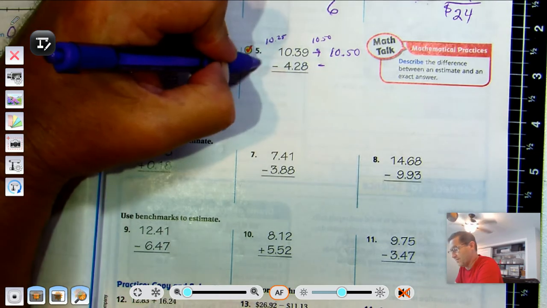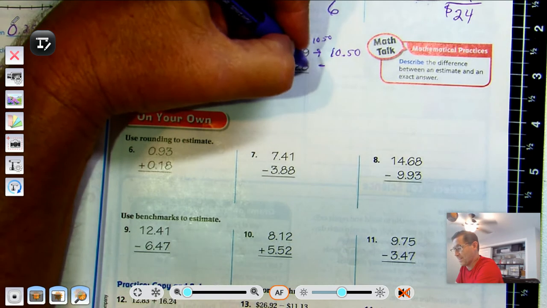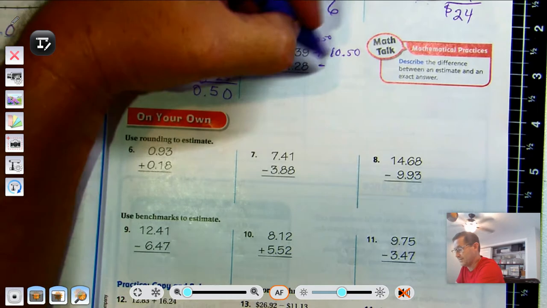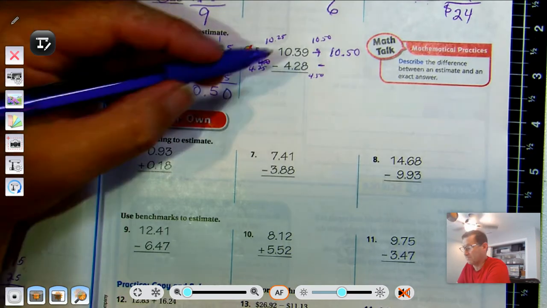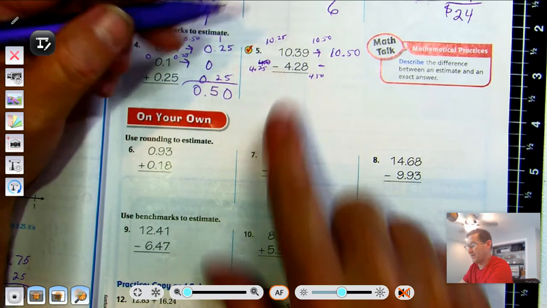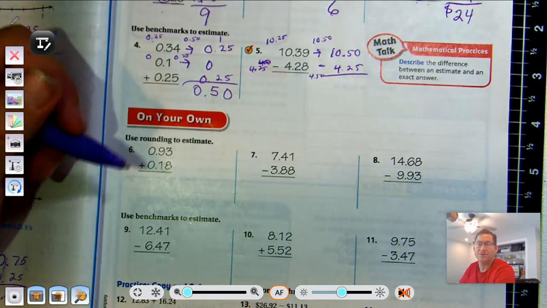Well, that's in between 4.25 and 4.50. Clearly closer to 0.25. Okay. Well, let's use 4 and 25 hundredths.